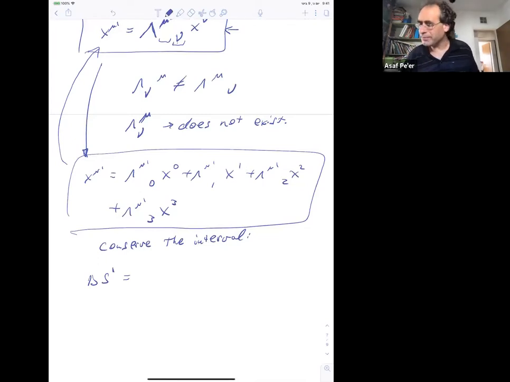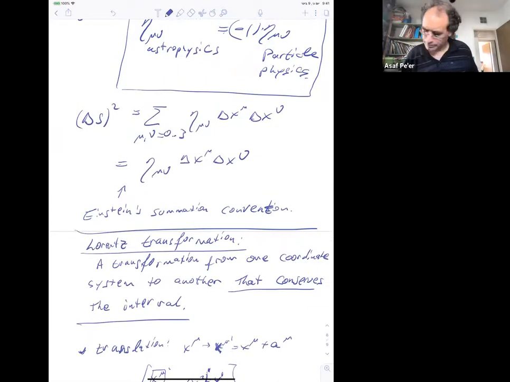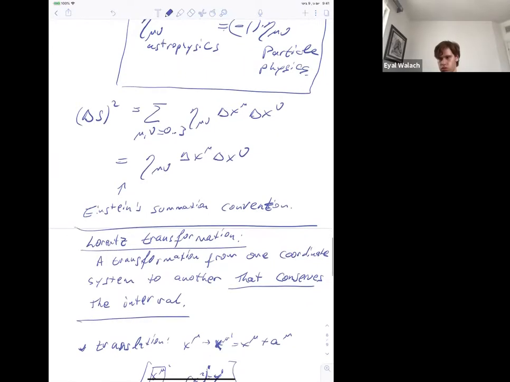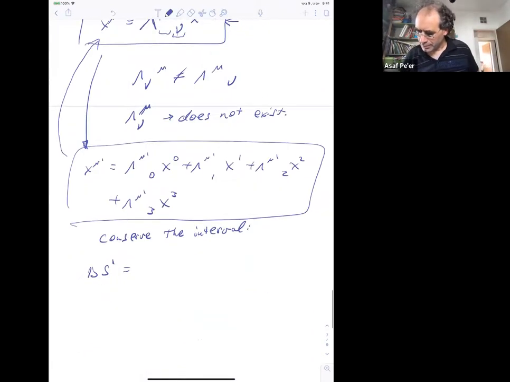I wrote it above. Let's make it squared so it will be easy. This is as measured in the prime frame. So delta S prime squared is just eta mu prime nu prime delta x mu prime delta x nu prime.